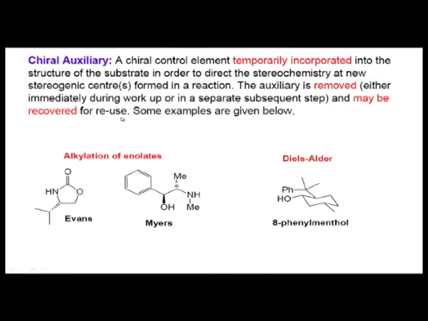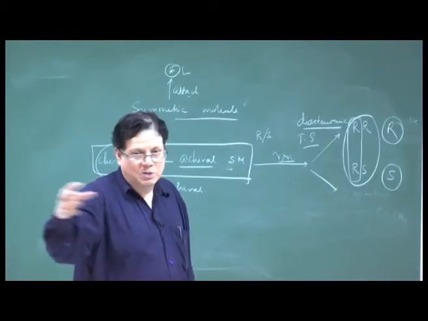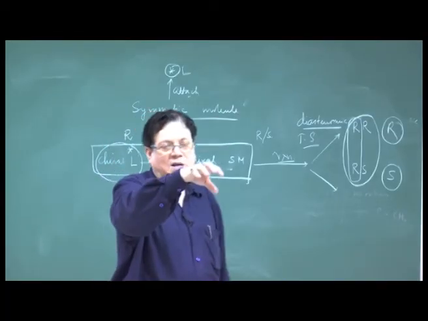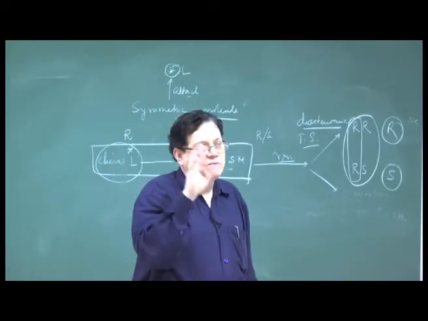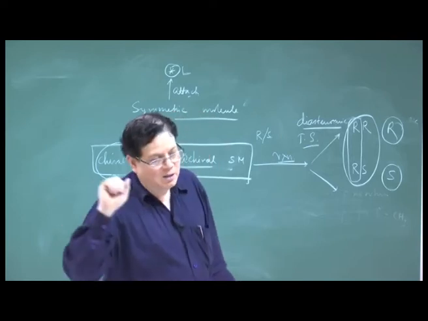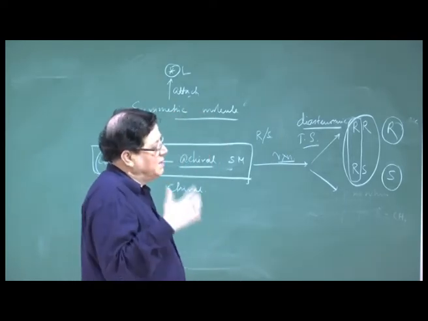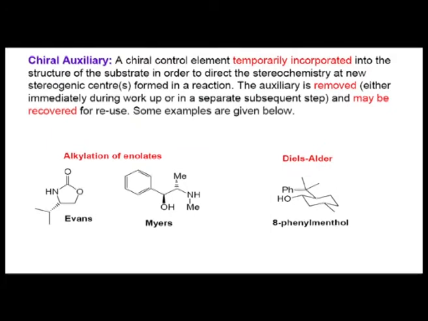Okay. So, the definition is very clear. I have an achiral system, I put on a chiral entity, that is the auxiliary, and do the reaction. This auxiliary induces the asymmetry when it is generated, and after the reaction you take off the chiral auxiliary. In some reactions the chiral auxiliary falls apart during the workup, in some reactions it has to be taken off separately.